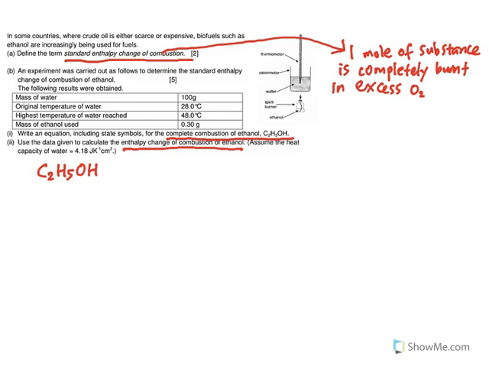C2H5OH, which is a liquid, plus oxygen gas, produces carbon dioxide gas and H2O liquid.